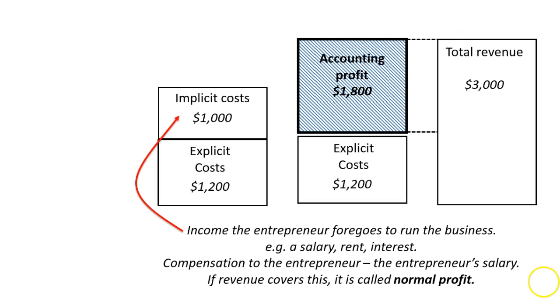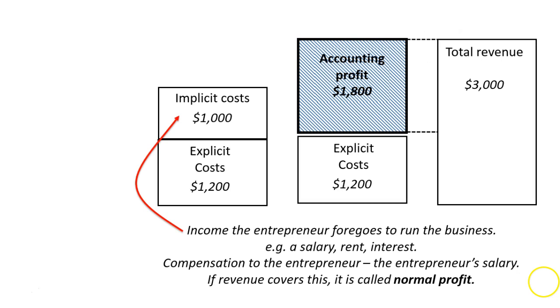Furthermore, a little piece of terminology: if the revenue from running the business covers this implicit cost, we call that normal profit, although strictly speaking, it's not really profit, in the sense that it's in fact a cost that the entrepreneur is simply being compensated for.